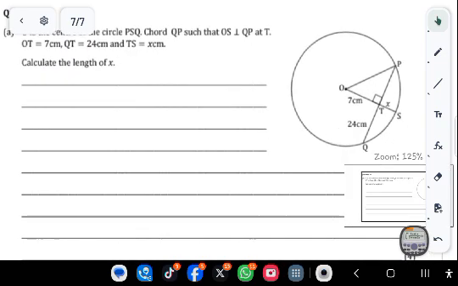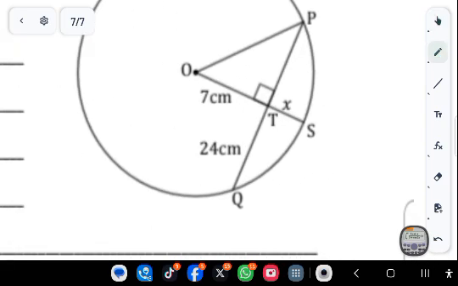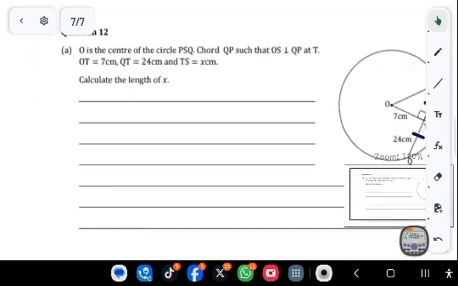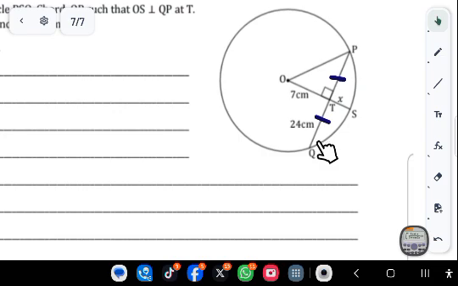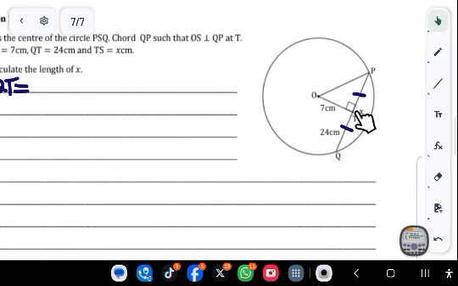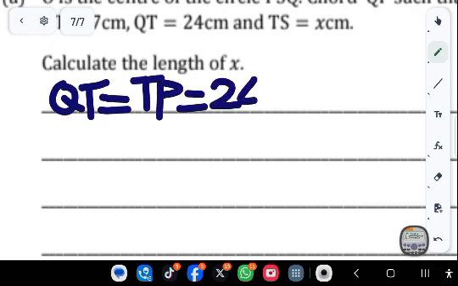Well, it's very similar to what we had there. So we know that OS is equal to OP. But first we know that this side QT is equal to TP, and the reason is the perpendicular line from center bisects chord. So QT equals TP equals 24 centimeters.